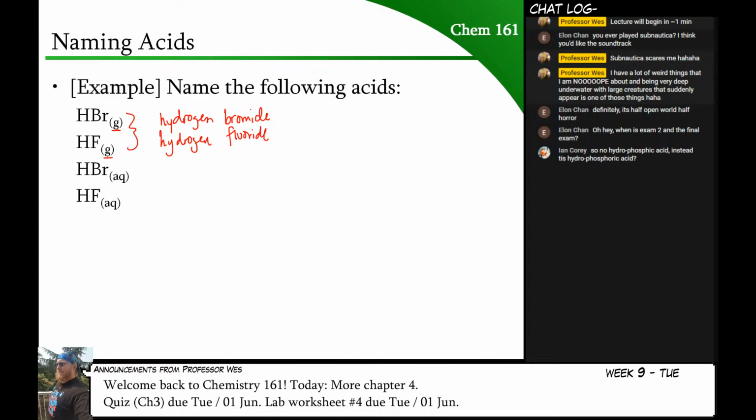And this is because they're a gas. Now, if they're aqueous instead, we do the hydro-blank-ic acid. So this would be hydrobromic acid. And HF would be hydrofluoric acid.